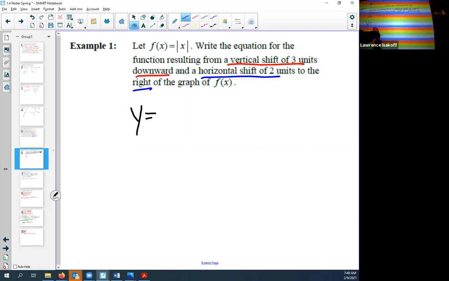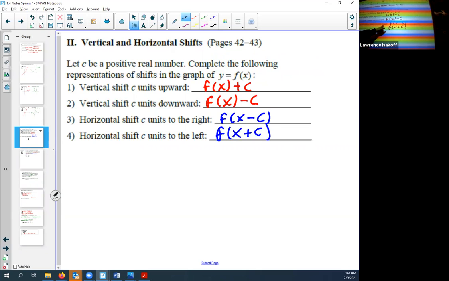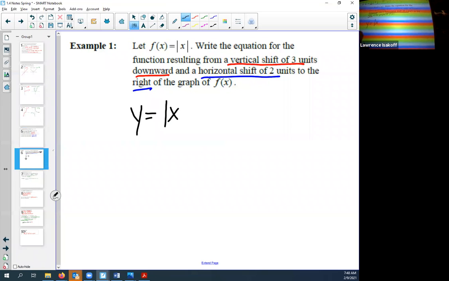Y equals the absolute value of x. Now, if I'm shifting to the right 2 units, to the right is going to be x minus. So I'm going to say x minus 2. Then I put the end of my absolute value bracket.